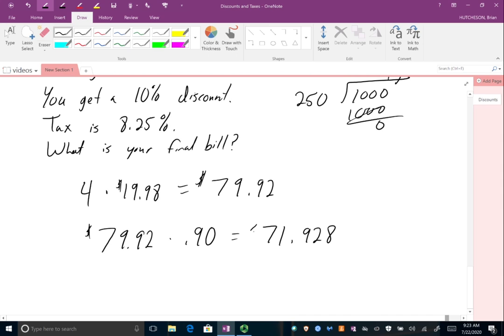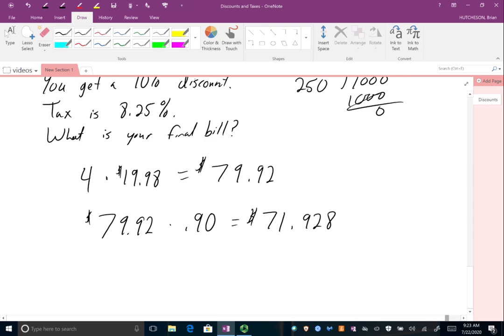So I agree. This is basically $71.93, but I don't round until the end, folks. So I'm going to keep it like this because I'm not done. But I saved almost $8 by having that 10% discount.